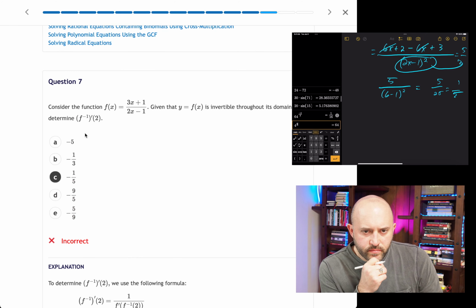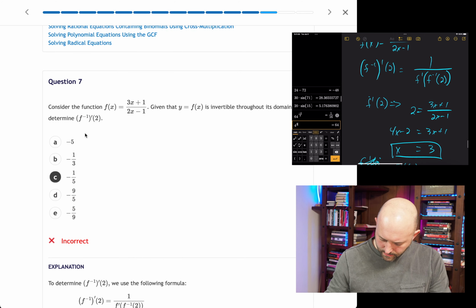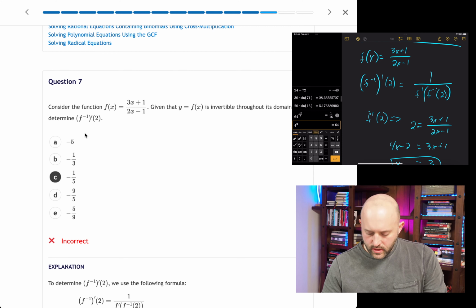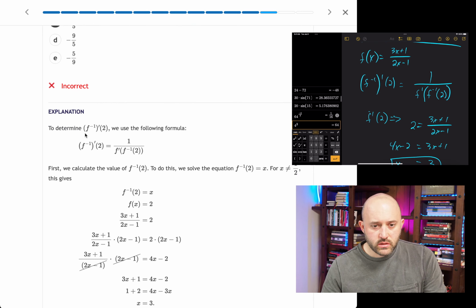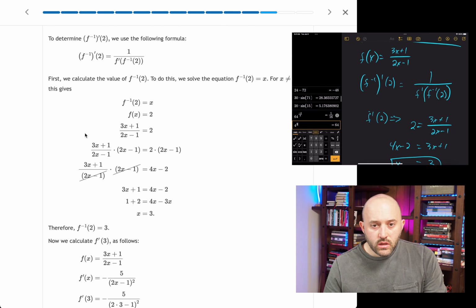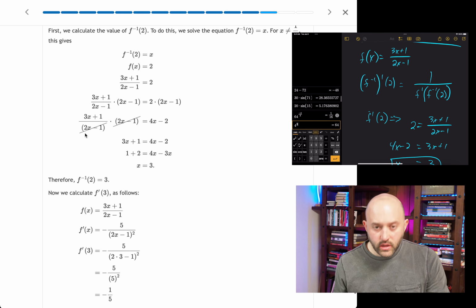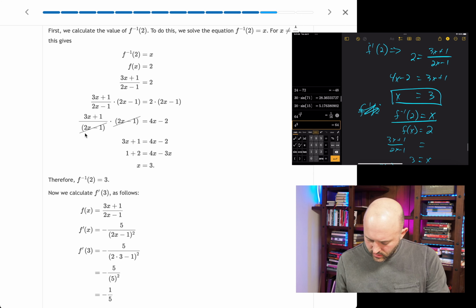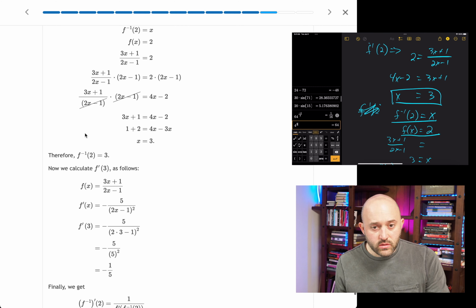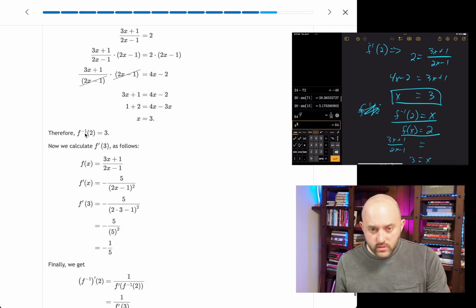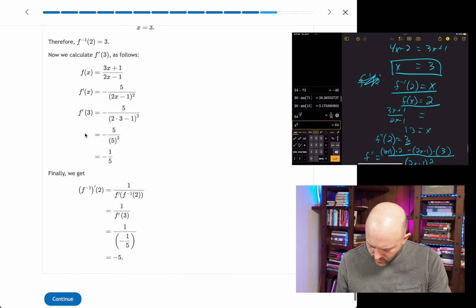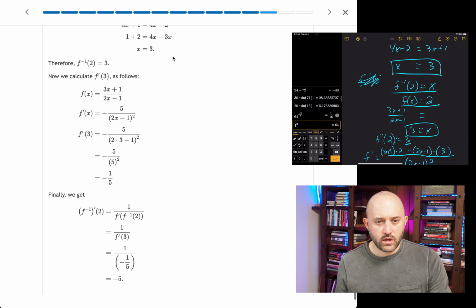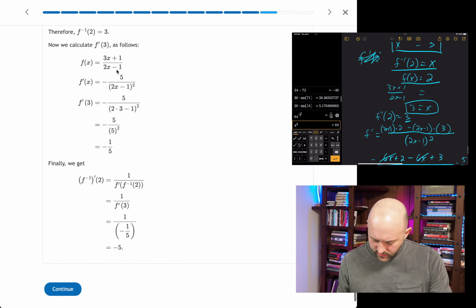So, okay. f of x invertible, f minus 1 is this thing. So to do it, we do this. First we calculate this thing. To do this, we solve the equation f of this equals x. We did this. f of x equals 2. This thing equals 2, which means x equals 3. Okay, so up through here, I have it right. Then yes, f negative 1 of 2 equals 3.